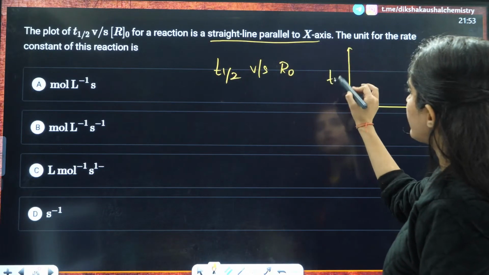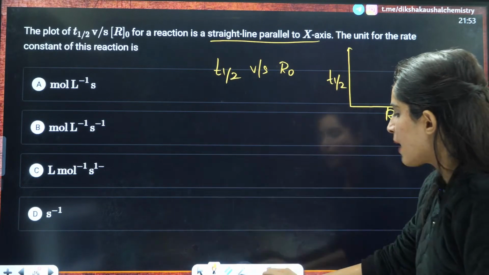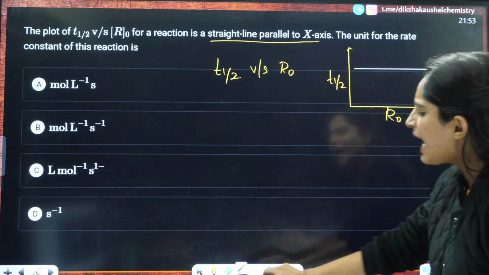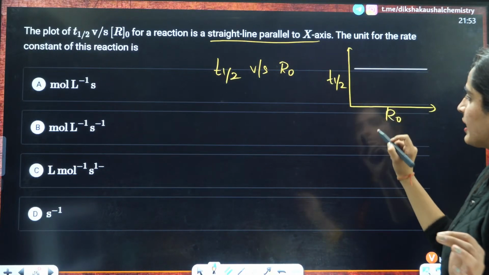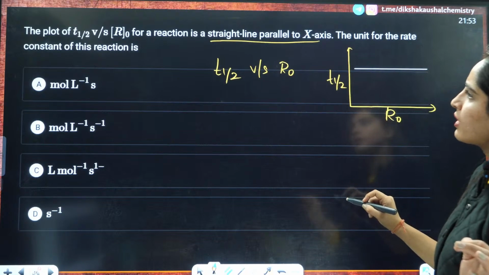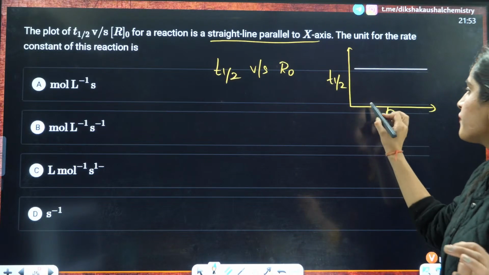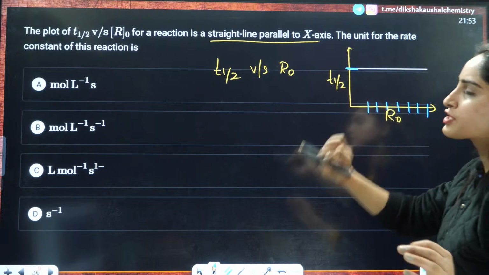This is your T half, this is R naught, and they are saying it is parallel to the x-axis. That means it will be like this. Wait a minute, T half versus A naught, right? Okay, T half versus x, y versus x, right?